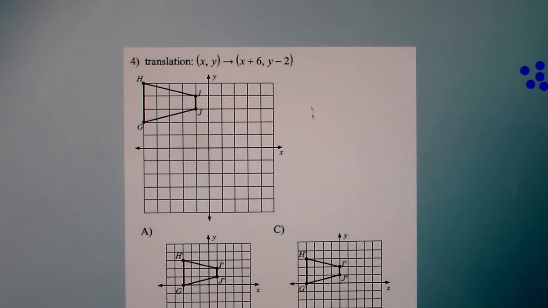Looking at number 4 for another example. So we take our original (x, y), our little trapezoid here. We're going to move it to the right 6 and down 2. So let's take our I, 1, 2, 3, 4, 5, 6 to the right, down 2. That's the location of I prime.